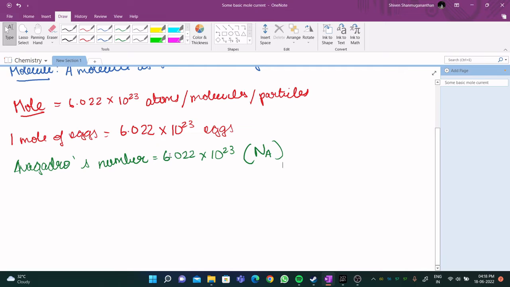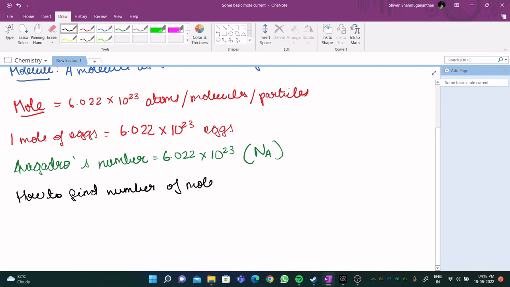Let's move on to how to figure out how many moles there are. Let me change the color of the pen. Okay. So, number of moles.